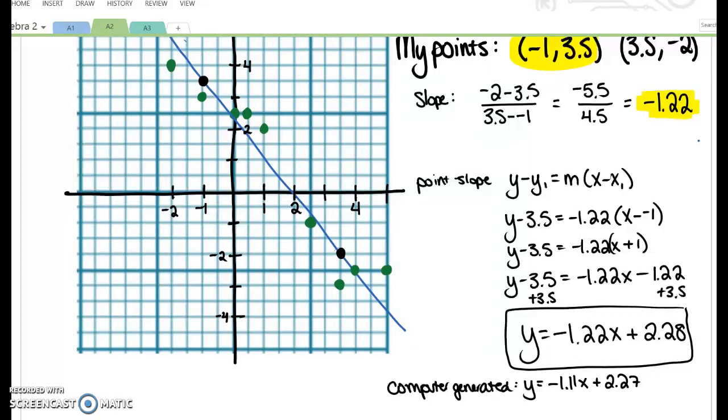There is a way to plug this data into a computer and have the computer crunch out what is statistically the line of best fit. I did that, and the computer told me that the actual line of statistical best fit is y equals negative 1.11x plus 2.27. So is my line pretty close to the statistical best line?